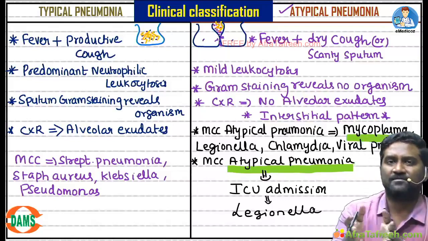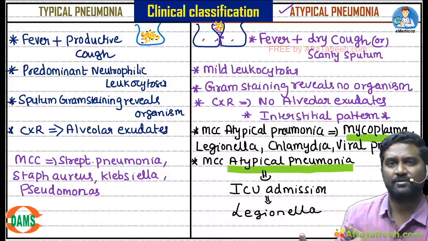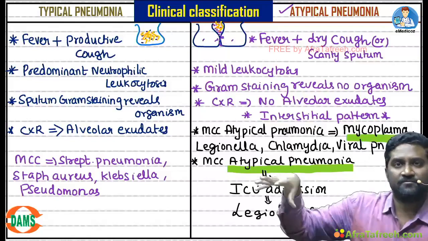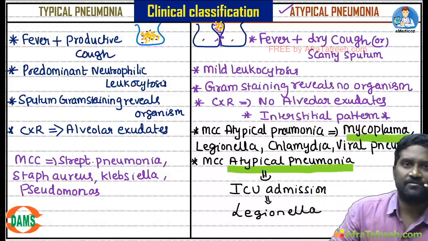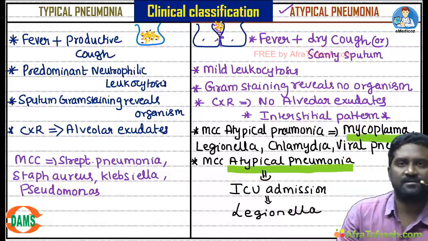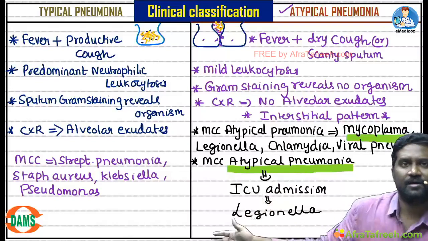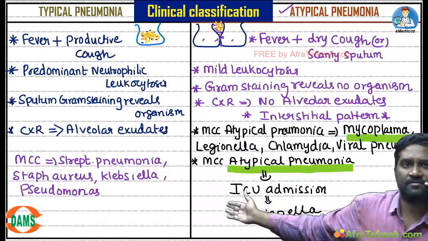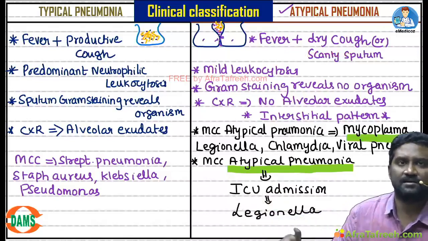But for the past 1.5 years, atypical pneumonia resulting in ICU admission has been COVID. But if you see for decades together, it was Legionella. So most probably that may not change. So the most common cause of atypical pneumonia resulting in ICU admission is Legionella.